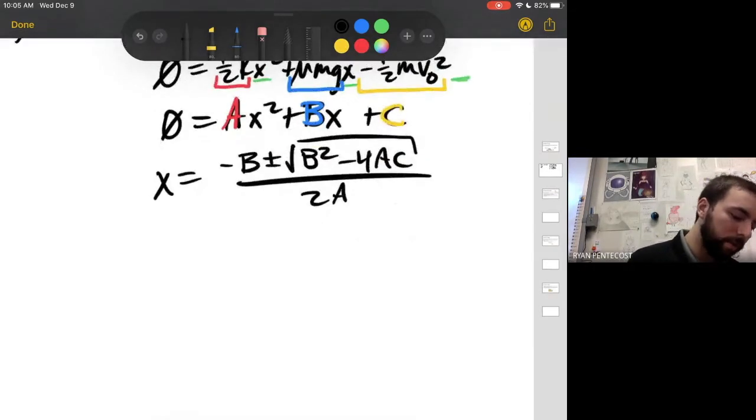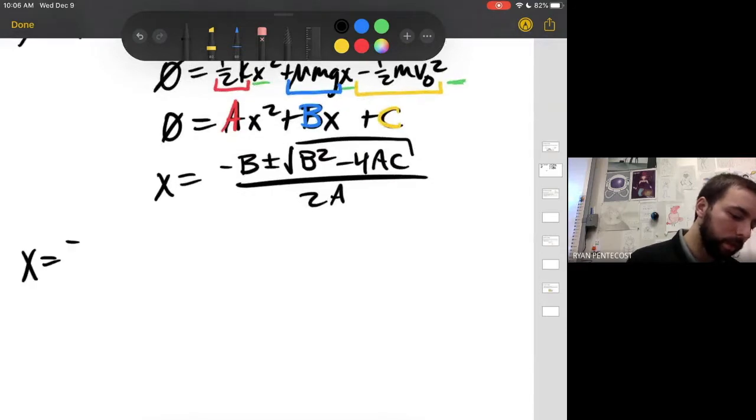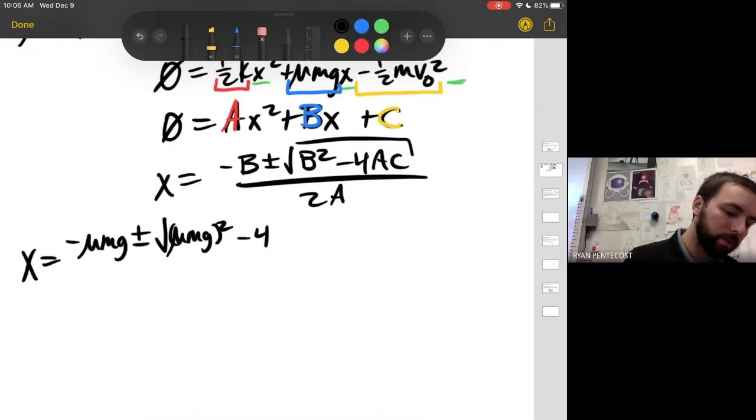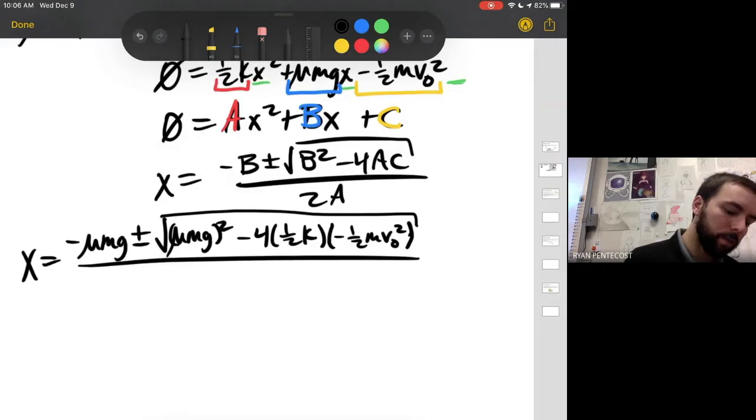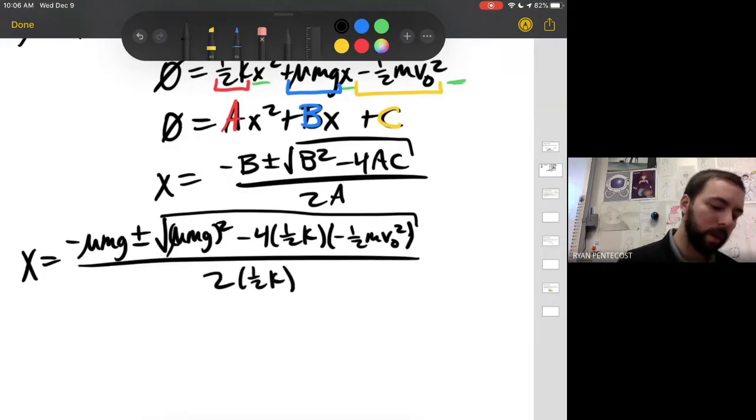You could have x equals negative mu mg plus or minus the square root of (mu mg) squared minus 4 times 1/2 k times negative 1/2 mv naught squared, all under the square root, divided by 2 times 1/2 k.